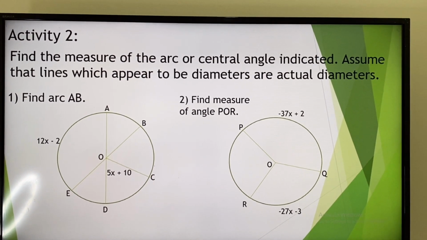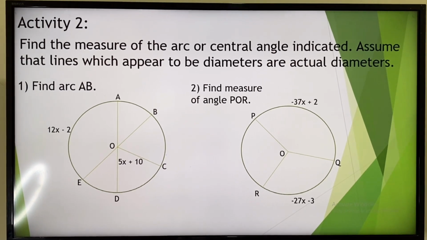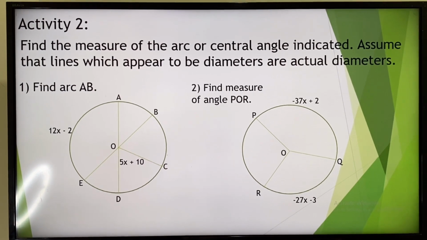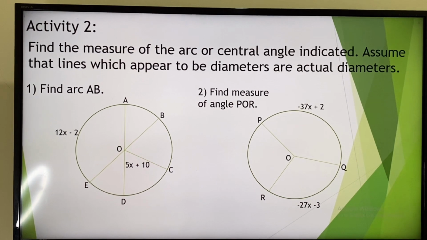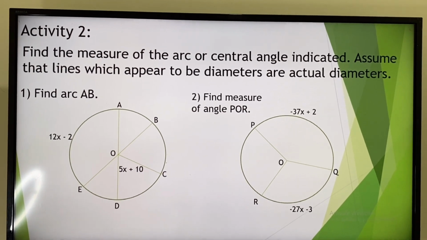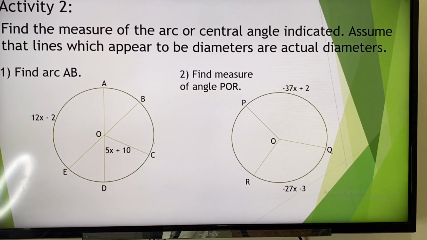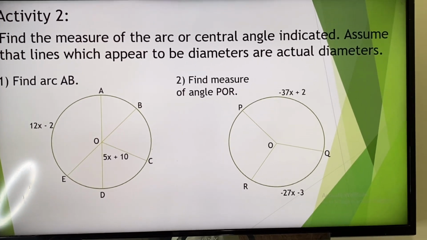And then arc DC is equal to 5x plus 10. And we have the circle O in number 1, point O is the center of the circle.